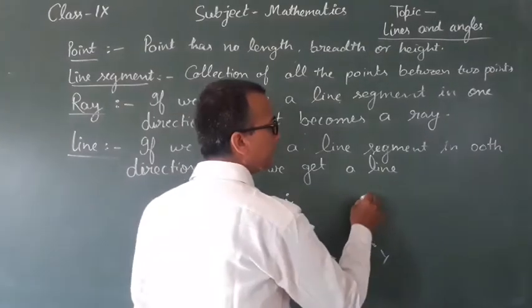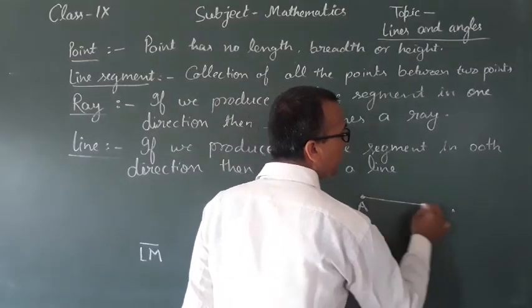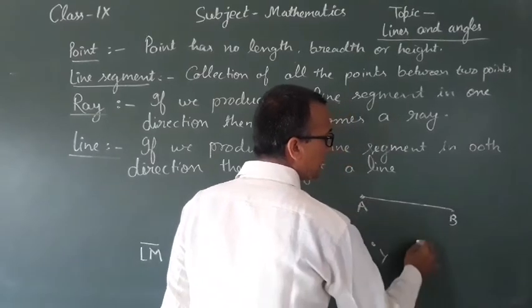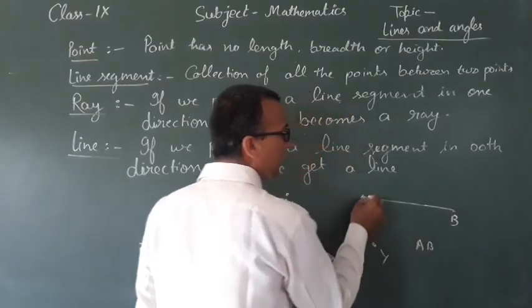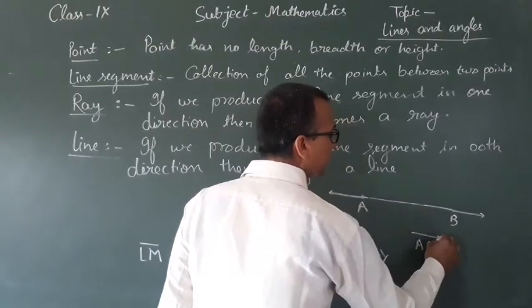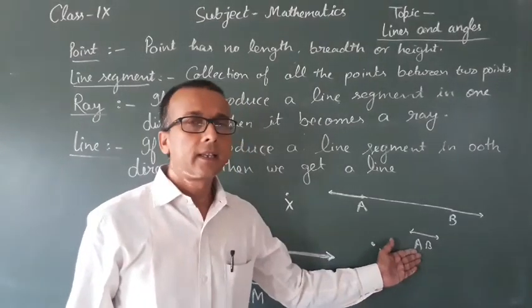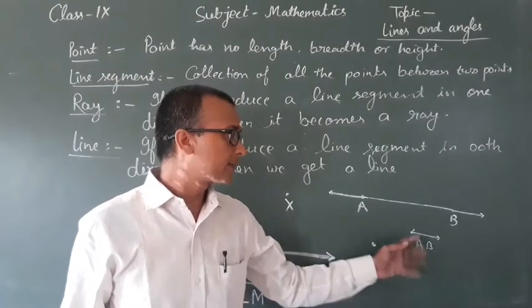And if this point is A, this is another point B, it is a line segment, but if we produce in both directions, then it becomes a line, and now it is denoted by AB like this.